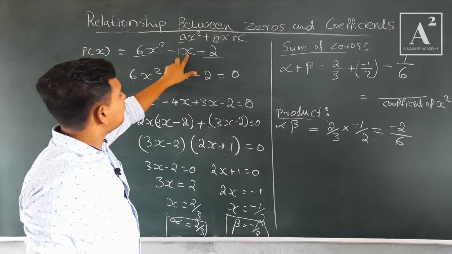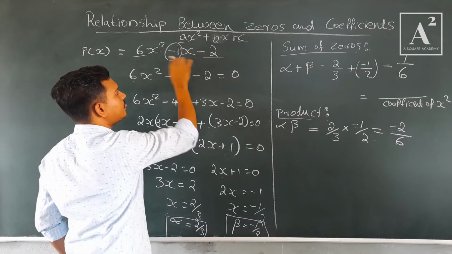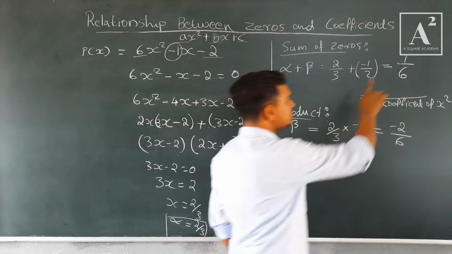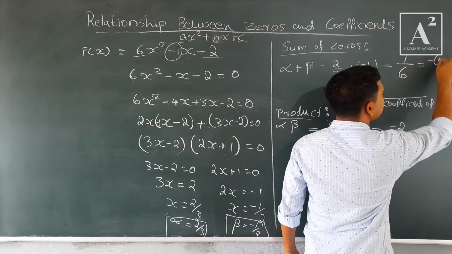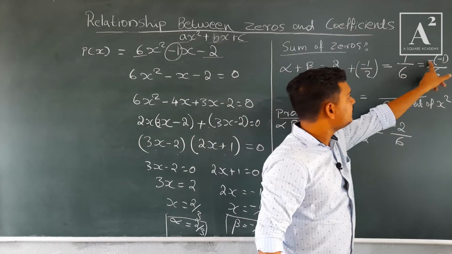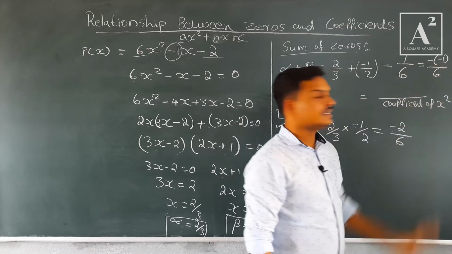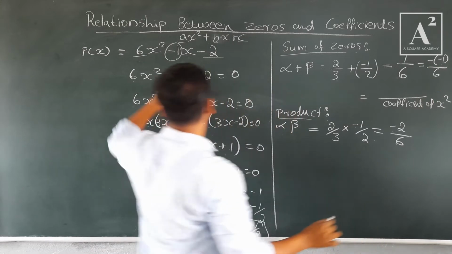What is the coefficient of x here? The coefficient of x is minus 1. This one, 1 by 6, we can write as minus of minus 1 divided by 6. So, what is this minus 1?